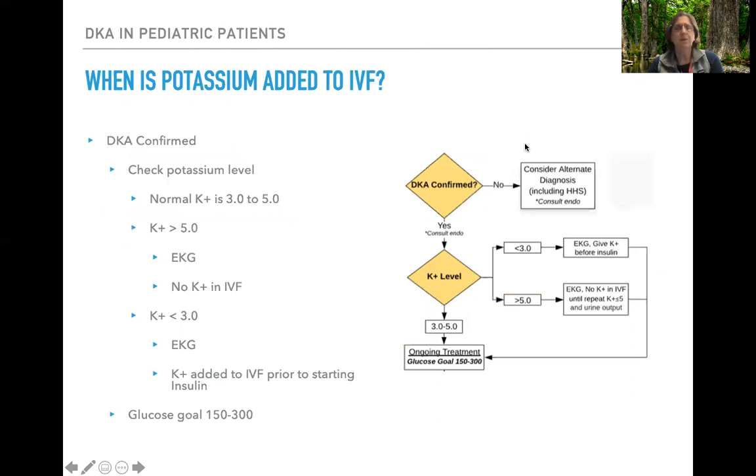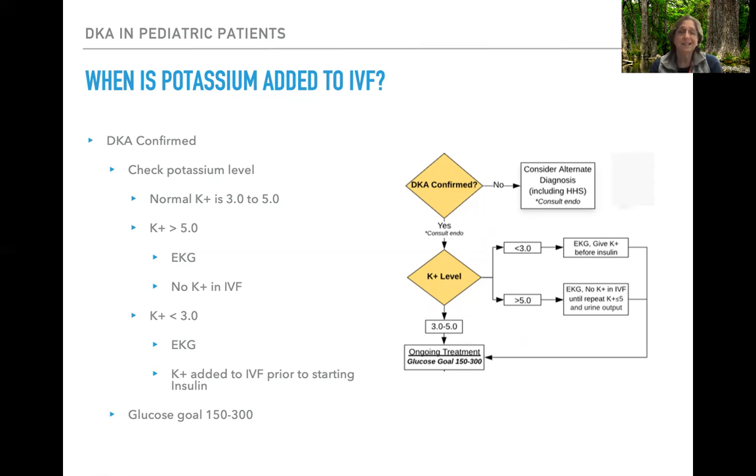So when is potassium added to our IV fluids? When DKA is confirmed, then we check our potassium level. Is it normal? Normal would be 3.0 to 5.0. If you have a K that's greater than 5.0, you want to get your EKG, and you don't want to add potassium to your IV fluids because you already have too much potassium in the serum.